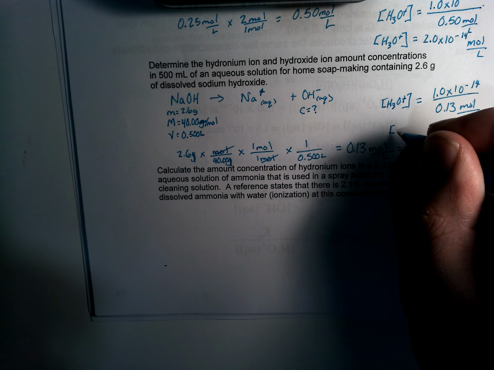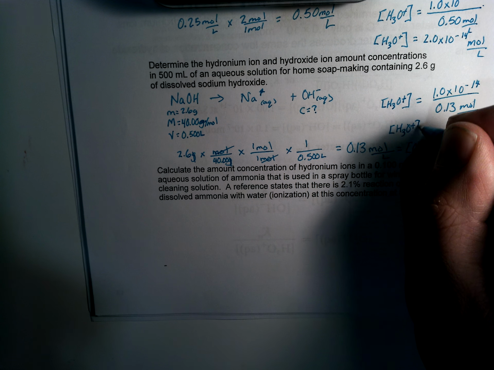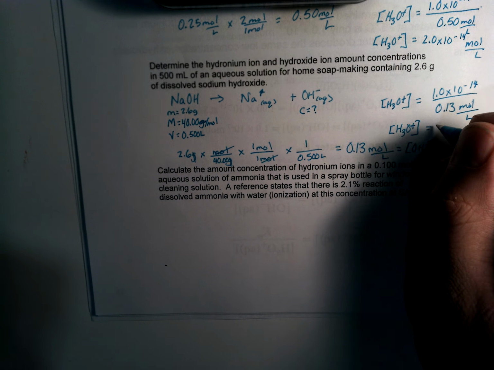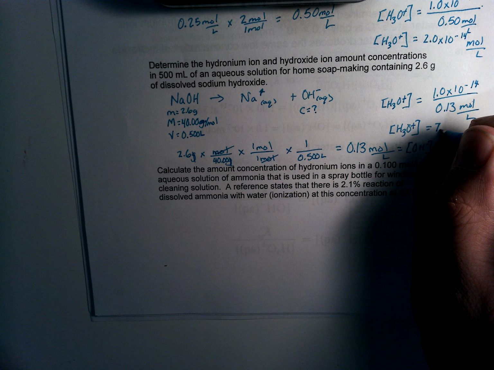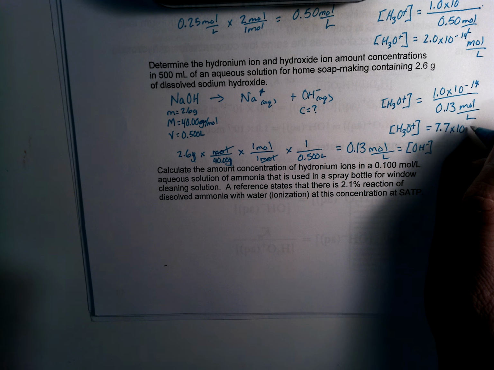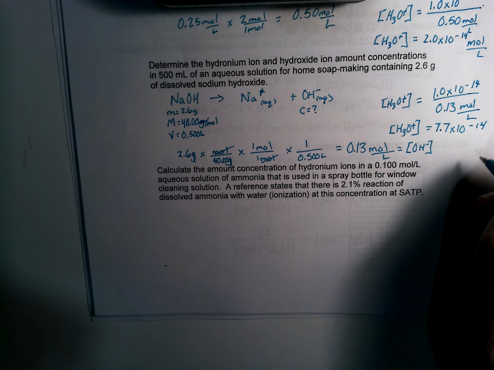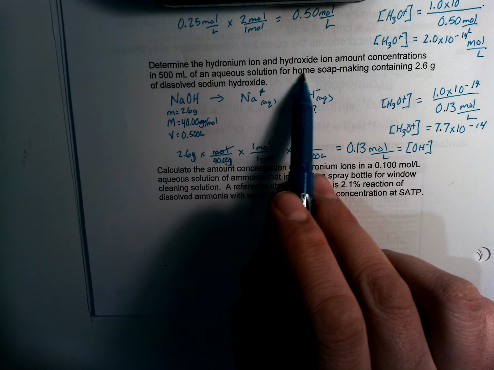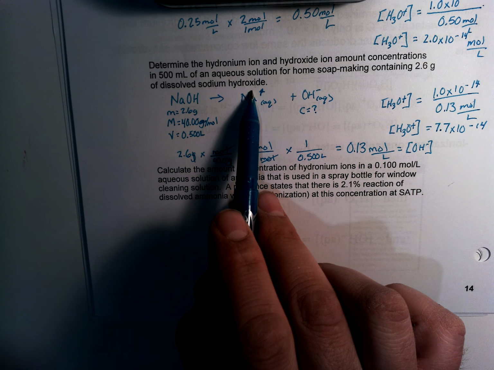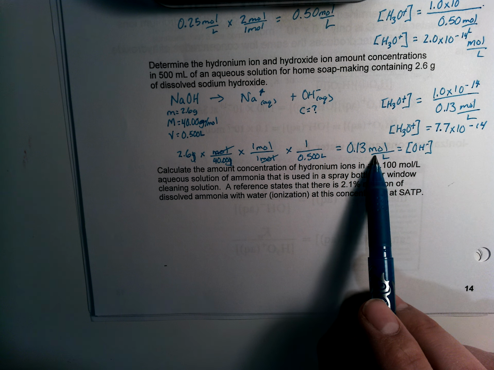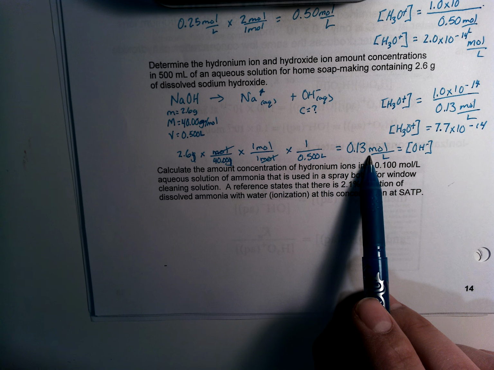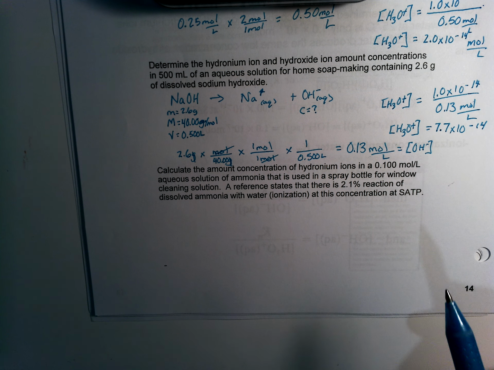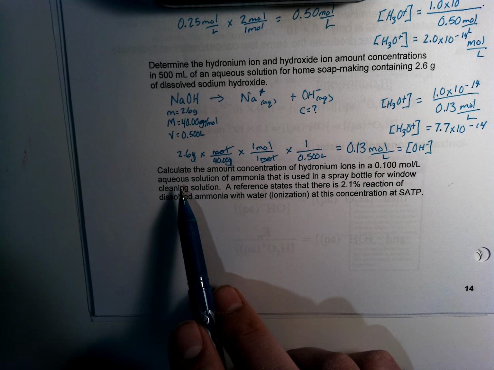So our hydronium concentration is equal to, and we have two significant digits, so 7.7 times 10 to the minus 14. So again, like with bases, which we know, like we have sodium hydroxide, a really strong base. We have a high concentration of hydroxide, a low concentration of hydronium. Again, it's opposite for any strong acid.